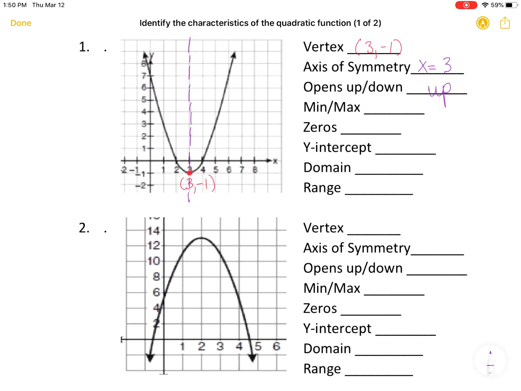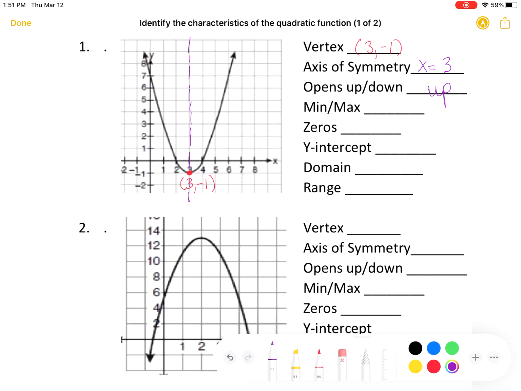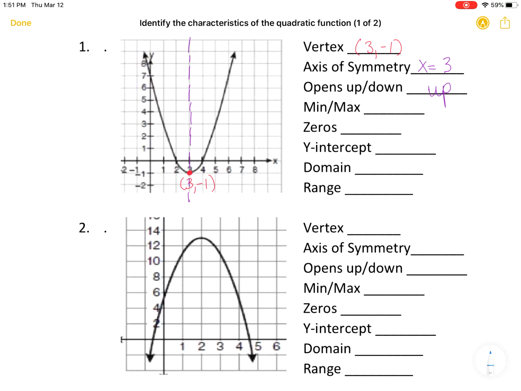Is your vertex a minimum or maximum? Remember that a minimum is a low value and a maximum is a high value. If I look at this vertex right here, that is the lowest point on the graph, so that's a minimum.